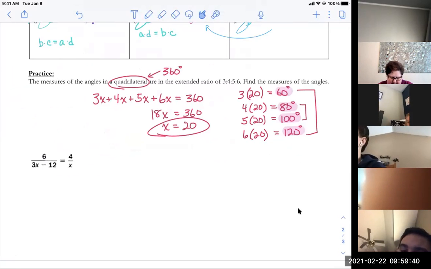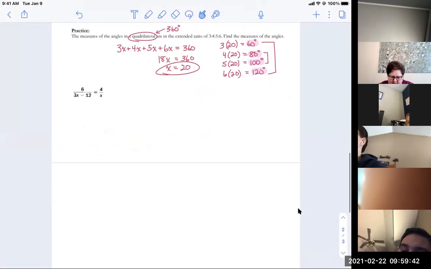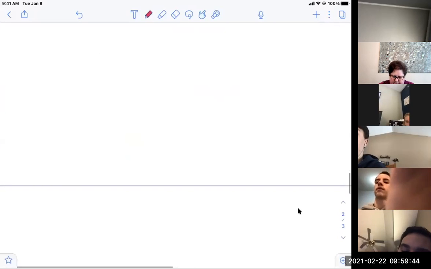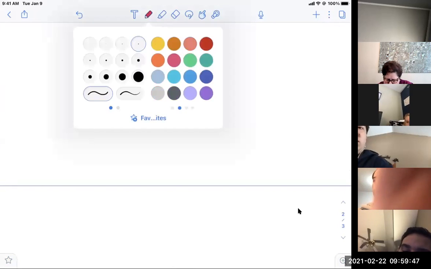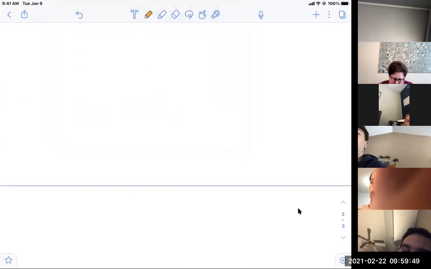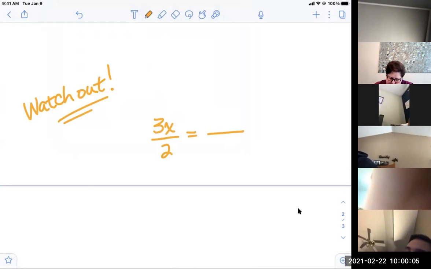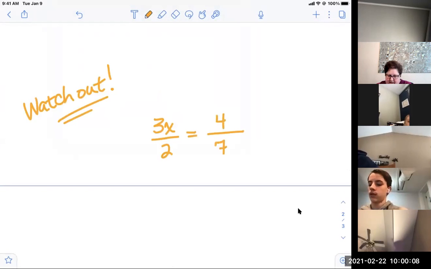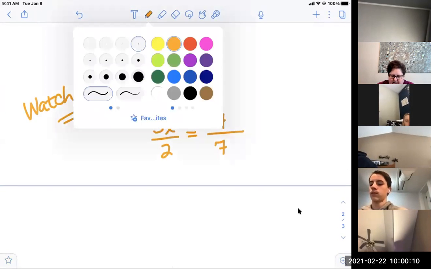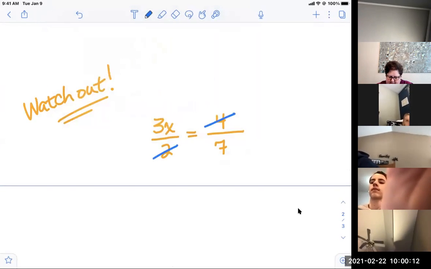Okay, something I haven't said, but I want to make sure I do say. When you're solving a proportion, this is a watch out for this situation. If you have like 3x over 2 equals 4 over 7 or something, you are not allowed to do this.